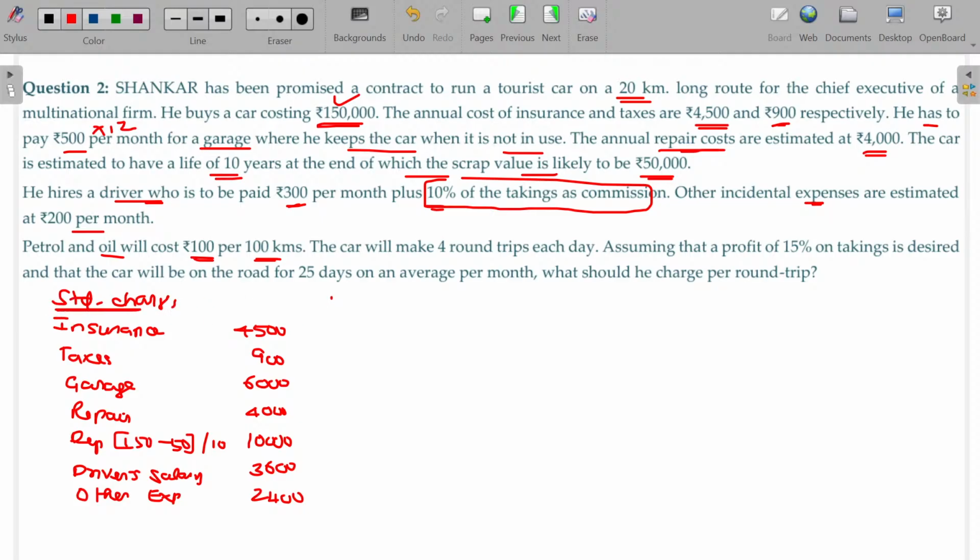Now variable cost: petrol and oil, 100 per 100 kilometers, otherwise 1 rupee per kilometer.